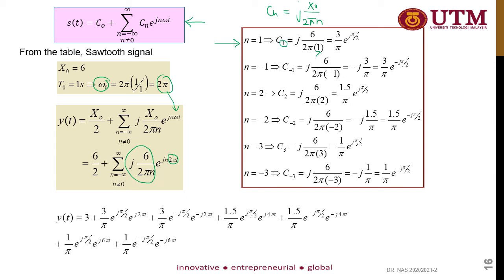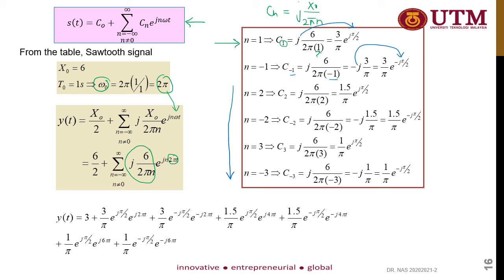So j, when you convert it, if you want to remove the j, it is basically equal to the phase shift of pi over 2. Okay, so go next for n equal to -1, replace n with -1. So again you have negative j, so you convert it into negative j pi over 2. Okay, same goes to the rest of the n.